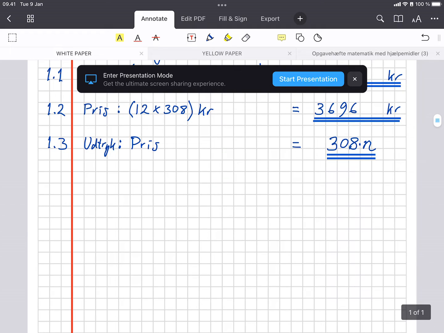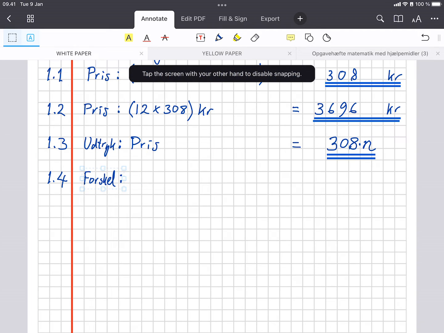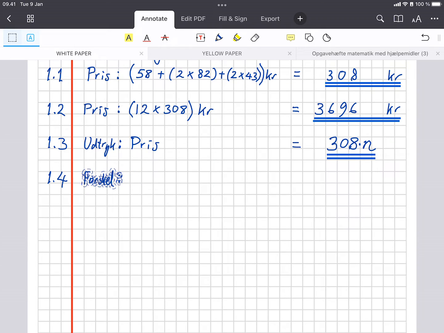So I'm going to go 1.4. So I'm going to go 4 scale. That's difference. Just going to squidge that up a bit so that my colons are nicely lined up.